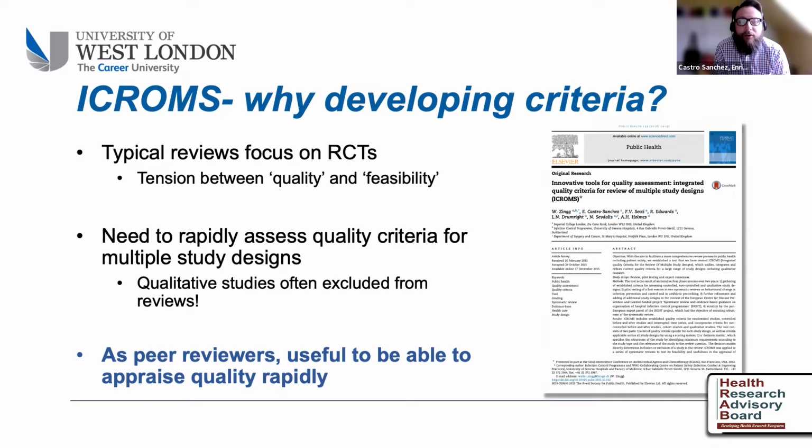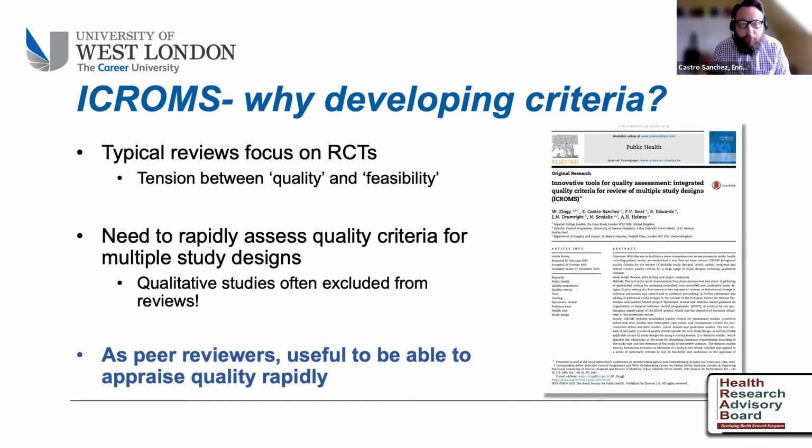And as a peer reviewer, it may be really useful to be able to appraise quality rapidly. Also, as a researcher, it may be quite useful to use the ICROMS tool to appraise your own paper before submitting it to a journal. So you can see if you need to strengthen a particular section of the paper because it may not be completely clear.